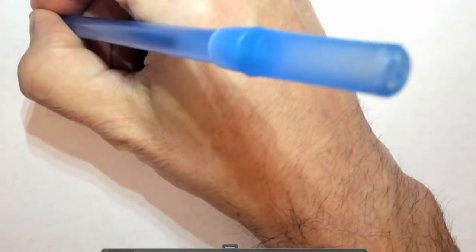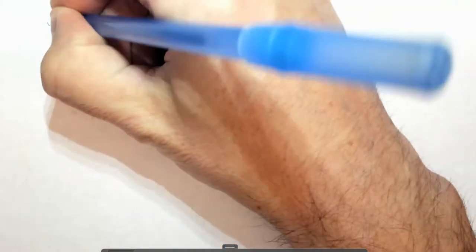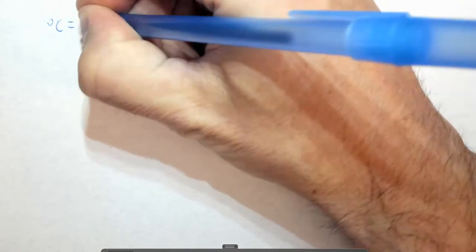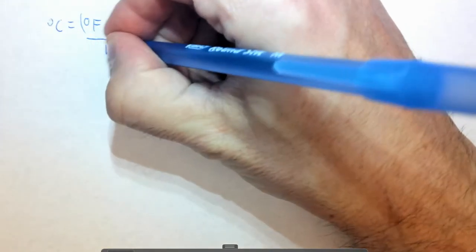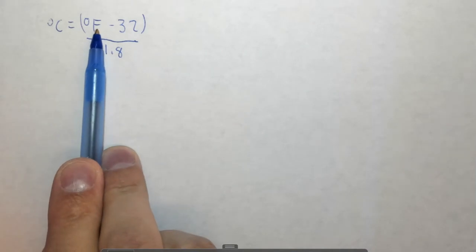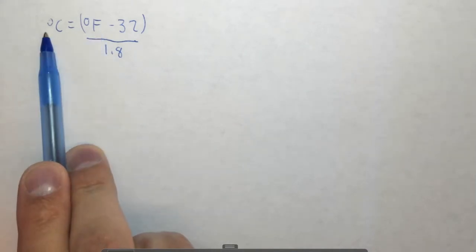The first is that degrees Celsius equals degrees Fahrenheit minus 32, and you do have to subtract the 32 first, divided by 1.8. You would use this one if you were given the temperature in Fahrenheit and you wanted to know the temperature in Celsius.